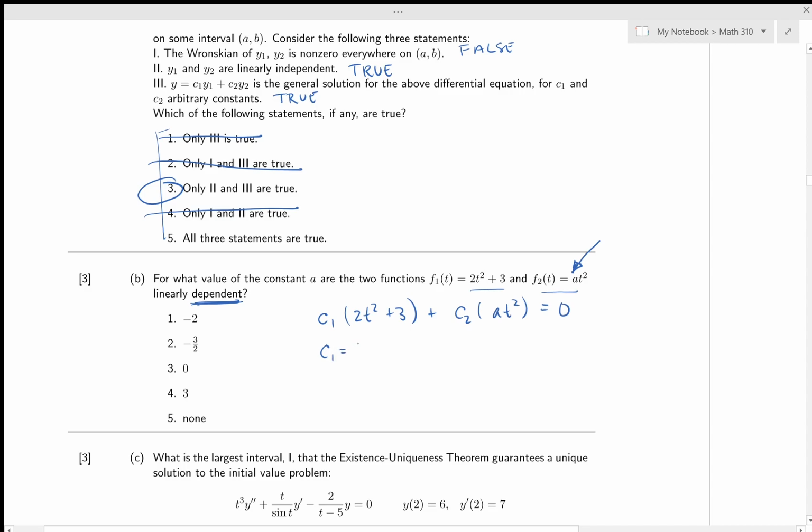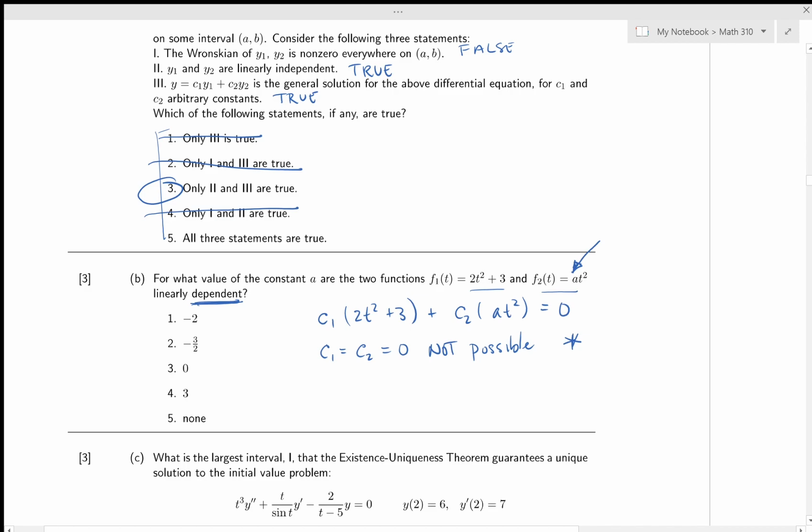Okay, so c1 and c2 both equal to 0 is not possible, because if that's the only possibility, then they would be linearly independent. So I have to be able to find values of c1 and c2 that are both not 0. Understanding this statement right here is to make sure this statement is possible for you to make quickly if you are clear about the meaning of linear independence.